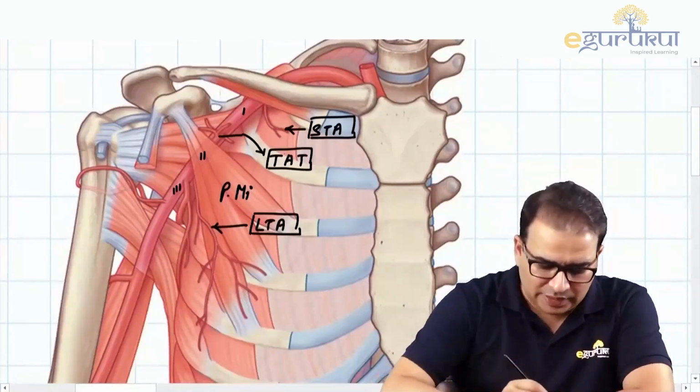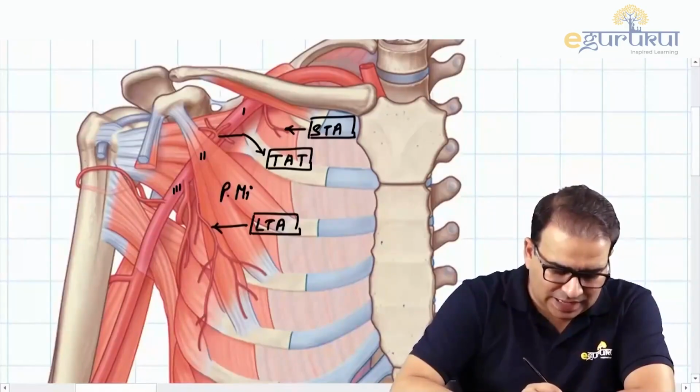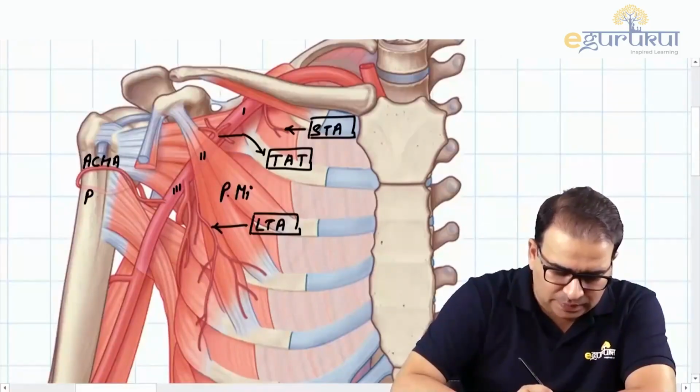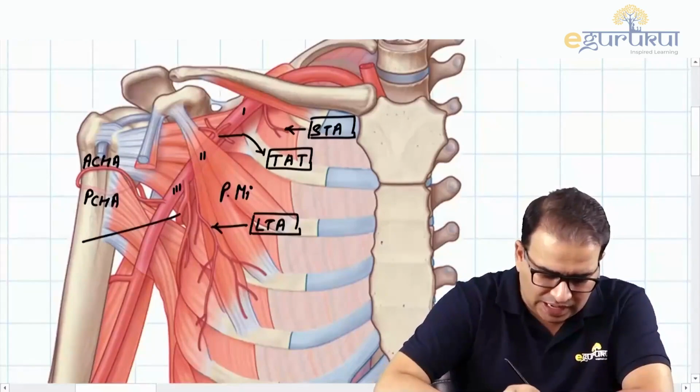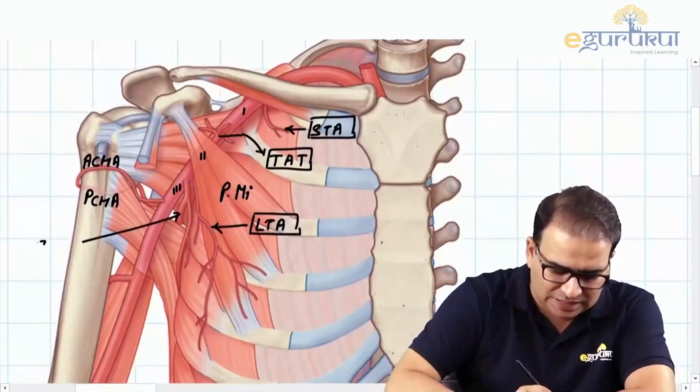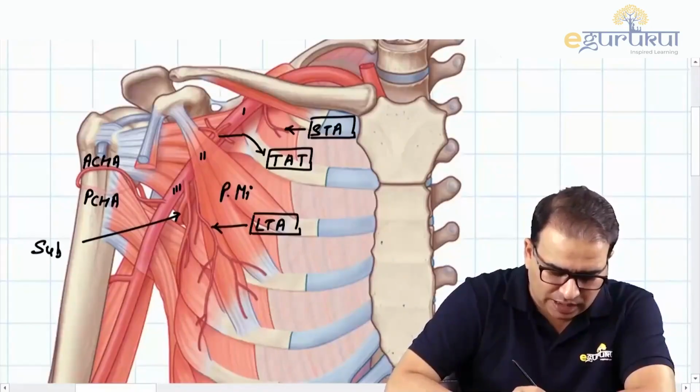Third part, look at the third part giving off this ACHA, that is the anterior circumflex humeral artery, and the one which is behind that is the posterior circumflex humeral artery. And yes, this one here is the largest branch of axillary artery. We said that is the subscapular artery.